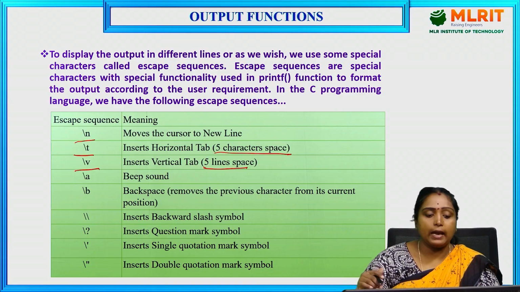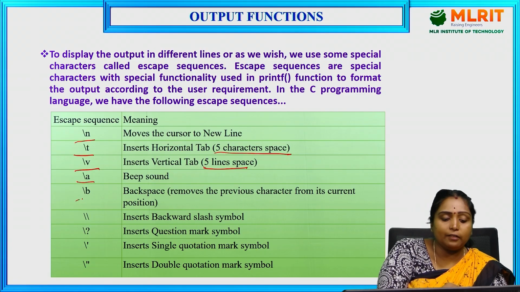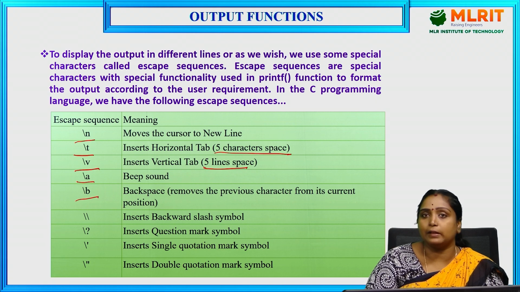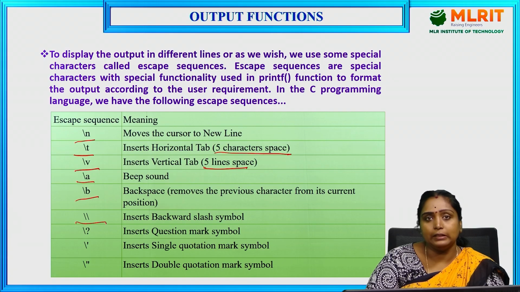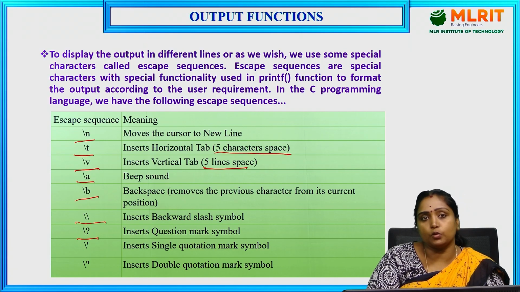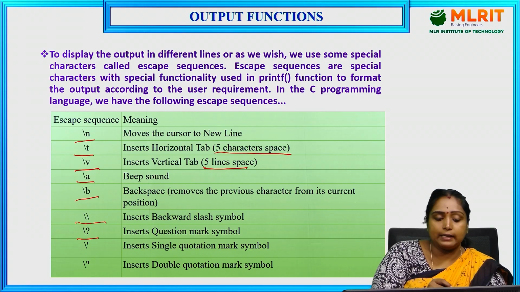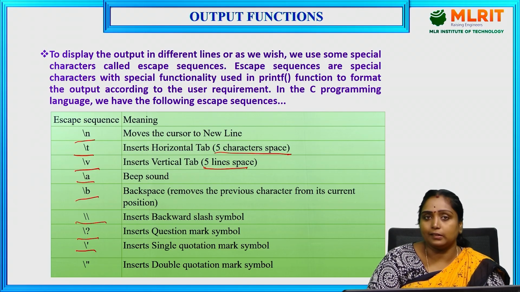And \a is for beep sound and \b for backspace. It will remove the previous character from its current position. And \\ is for the backward slash symbol, \? you can use for the question mark symbol, and \' you can use for the single quotation.